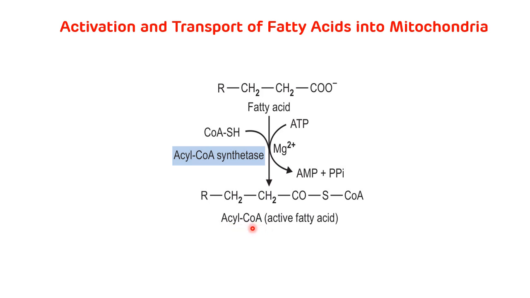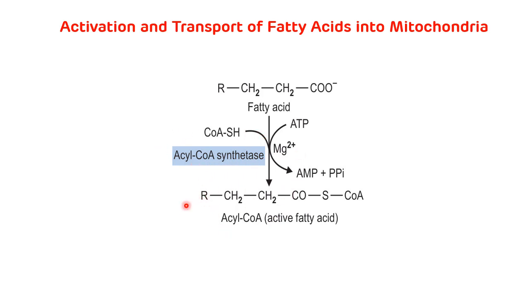This thioester linkage is formed between the carboxyl group of fatty acid and the thiol group of coenzyme A. So with the combination of this carboxyl group and the thiol group of coenzyme A, there is a formation of the thioester bond in the acyl-CoA, and the fatty acid gets activated into the activated fatty acid, that is acyl-CoA, and the enzyme is acyl-CoA synthetase.